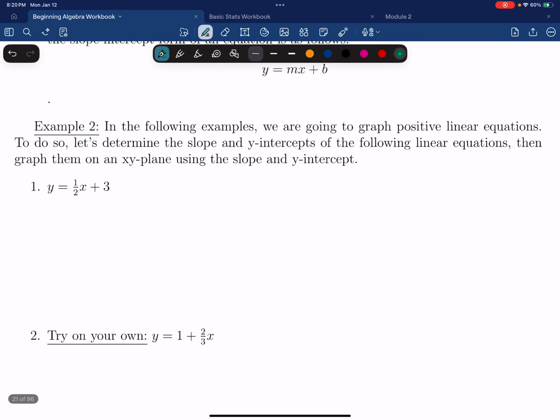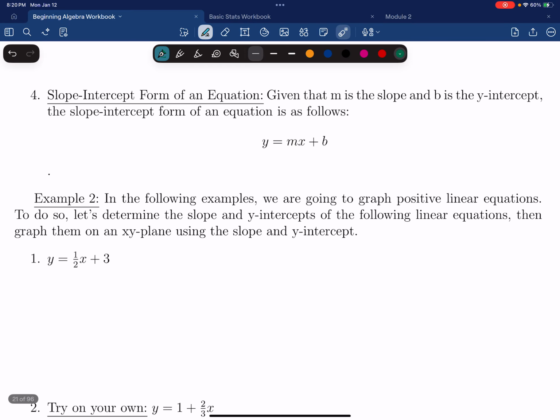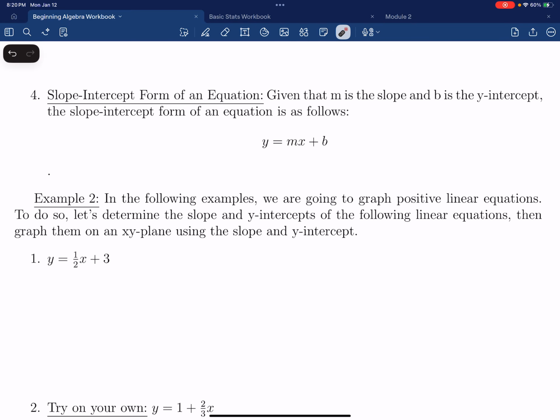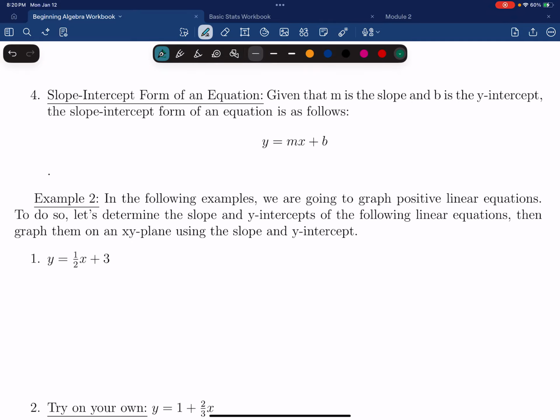So, example number 1, we have y equals 1/2 x plus 3. Looking up here, we have this equation, y equals mx plus b, and we're told that m is the slope. So m is the value that's being multiplied by x. In this case, our slope is going to be 1/2, because 1/2 is being multiplied by x. So our slope equals 1/2.